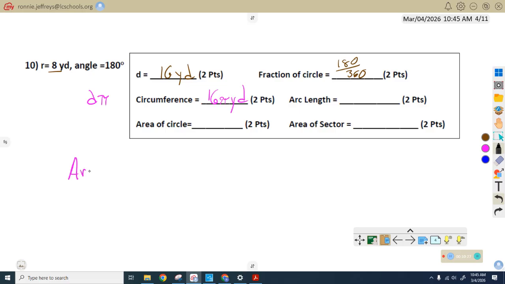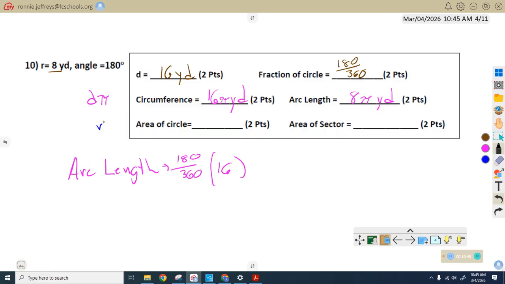Arc length would be 180 over 360 times 16 pi. Well, that's half of 16, which is 8 pi yards.